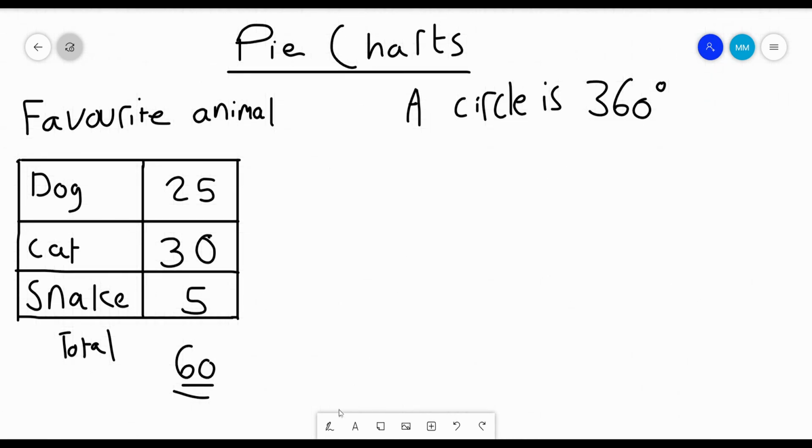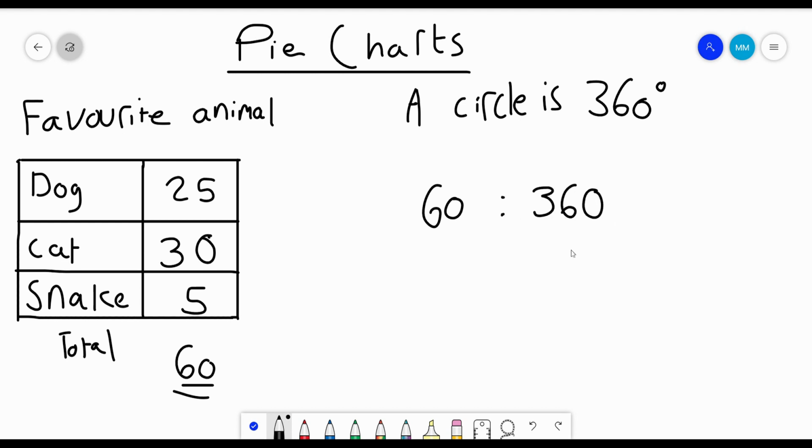So 60 people need to represent 360 degrees. So therefore, we need to simplify this down.